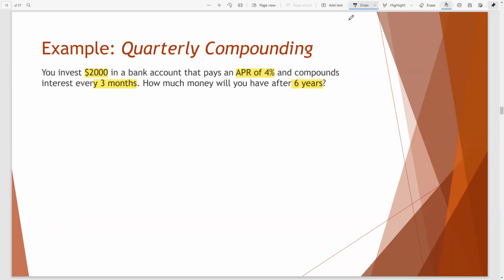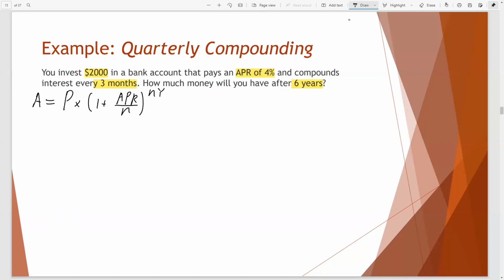Okay, so I believe you have tried, and let's see if it works. Get the answer, right? Principal times 1 plus APR over n raised to the n times y power.